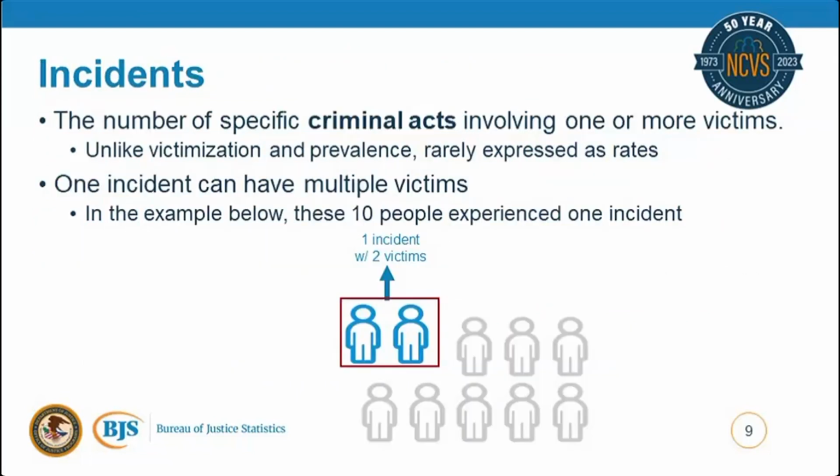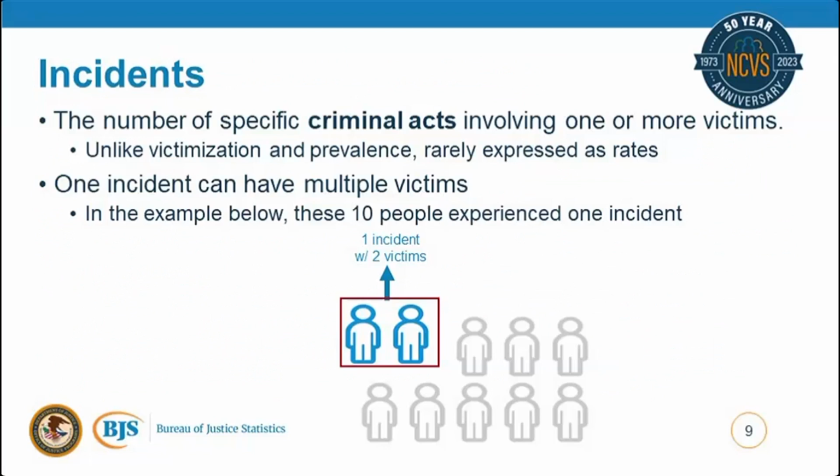Incident estimates reflect the number of specific criminal acts involving one or more victims. Unlike victimization and prevalence, incidents are rarely expressed as rates. One incident can have multiple victims.